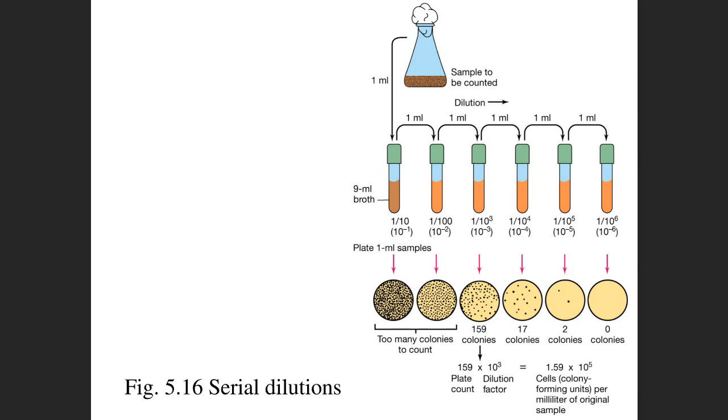And then you put 1 mL onto each of the plates, and then you can count how many colonies are on each plate, and then you calculate back, based on the dilutions, what the actual cell concentrations are.